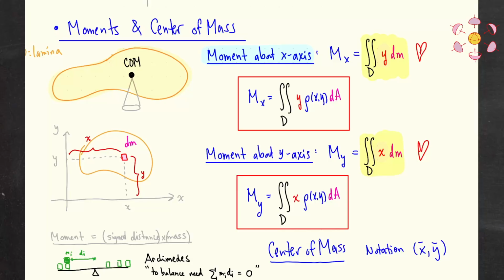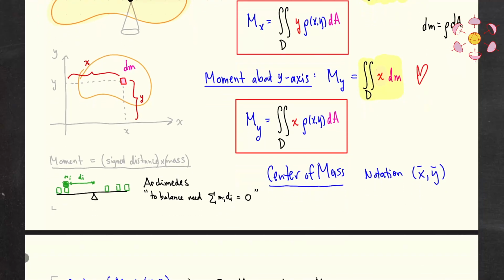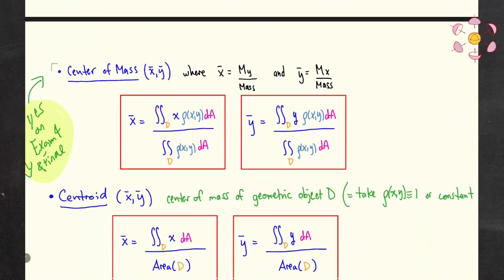Of course, little tiny chunk of mass, what do we remember from earlier? Little tiny chunk of mass is just density times a little tiny chunk of area. Okay, so that gives us our center of mass, which ran out of space, so here they are. Similar equations to earlier, but they're much simplified actually.